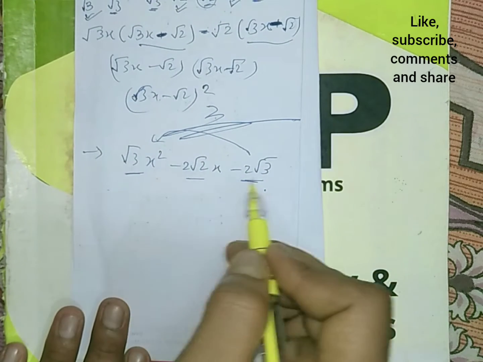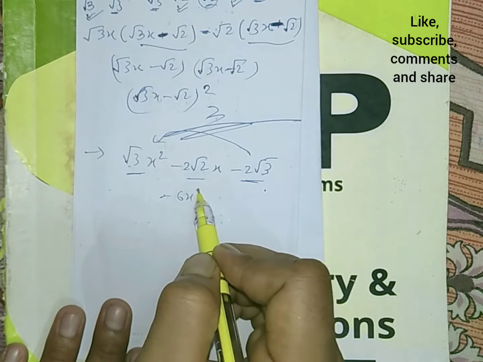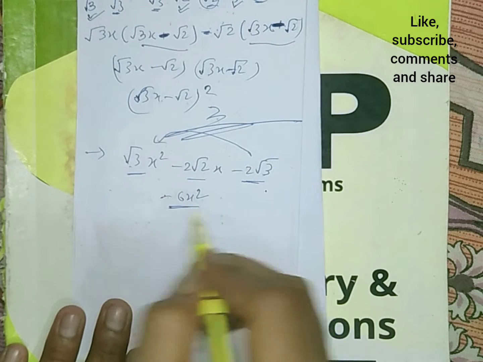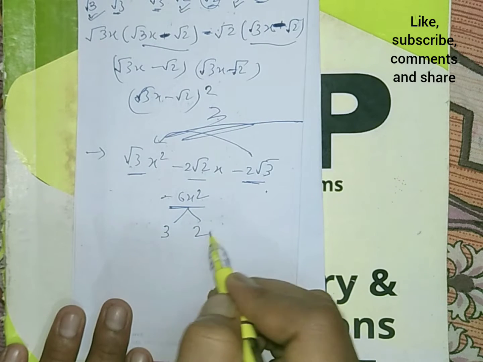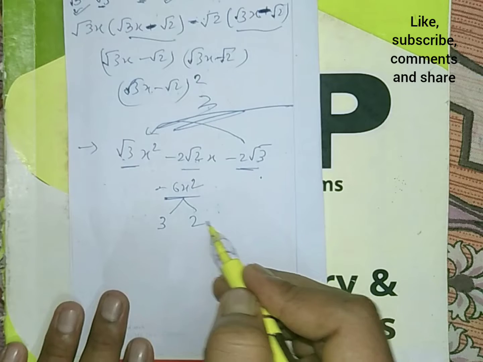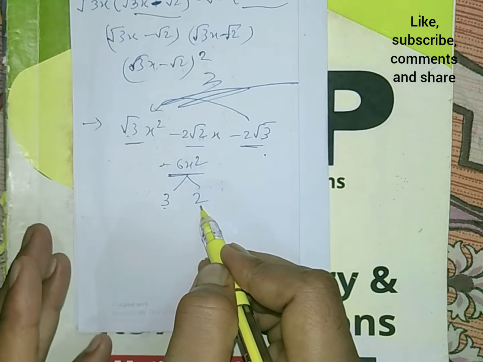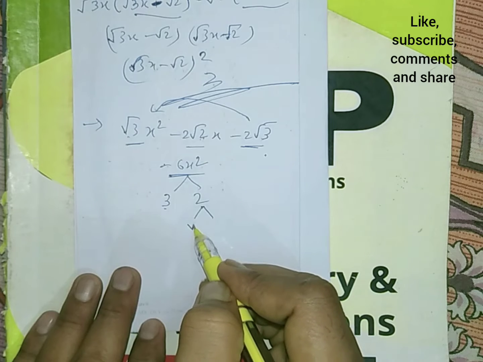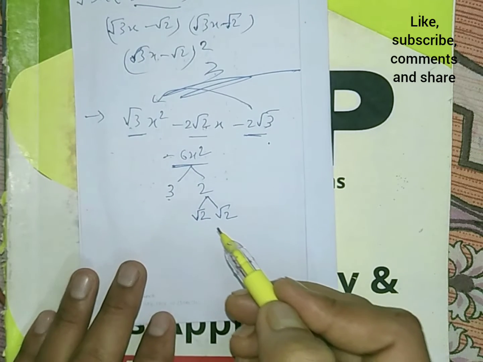Multiply here. What is multiplication? Root 3 into root 3, 3, and 3 into 2 is 6, minus 6 square. Can you break out this one to get here 2? So we can write here 3 into 2, because we need here root 2. So you have to write mandatorily the multiplication of 3 into 2, because only 2 is the number by which we can get root 2 into root 2.